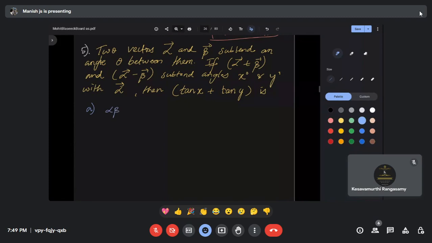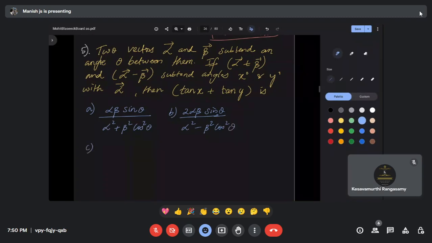Option A: alpha times beta sine theta divided by alpha square plus beta square cos square theta. Option B: 2 alpha beta sine theta upon alpha square minus beta square cos square theta.